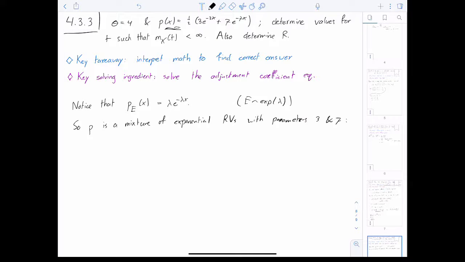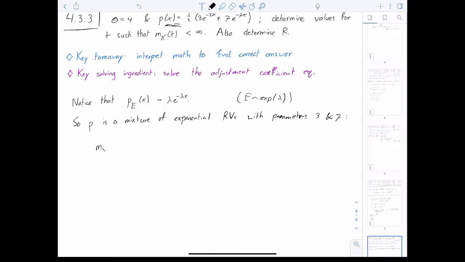And therefore, the moment generating function will also be a mixture of the exponential MGFs. We can look in the table A of Mart or actually compute it. Let me first write the one down for E: the moment generating function is given by lambda over lambda minus t.